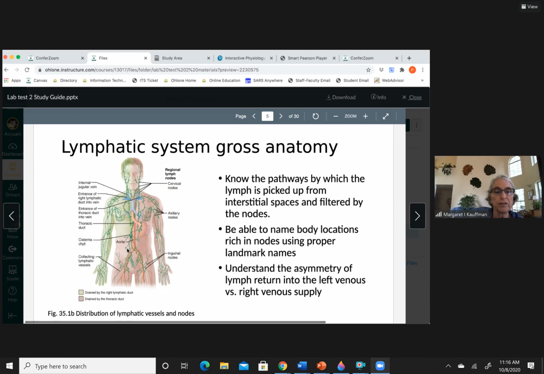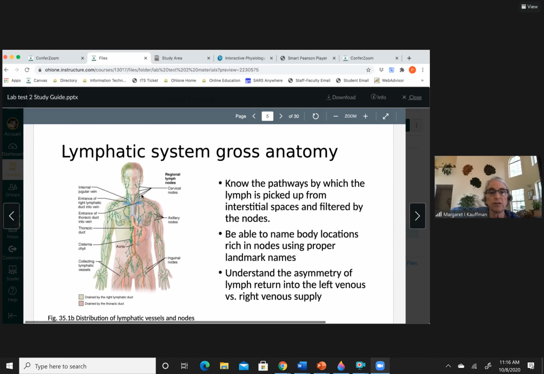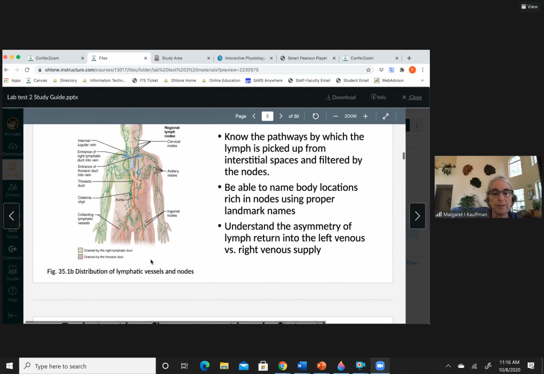You can see all these vessels coming not just from your legs and your arms, but many of the abdominal ones ultimately go through this junction point, like a big highway intersection called the cisternae chyli, and from there they join into larger ducts that eventually head up into your left thoracic duct and enter back into the blood.